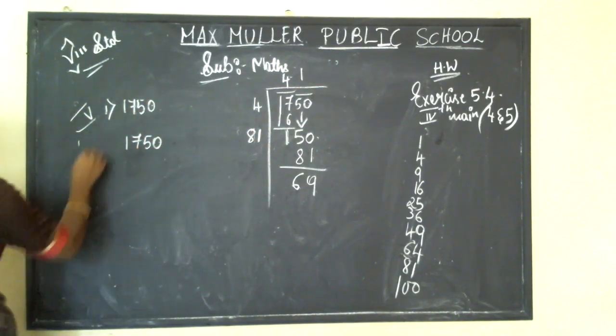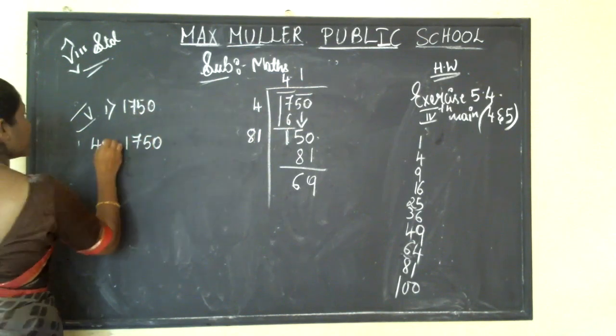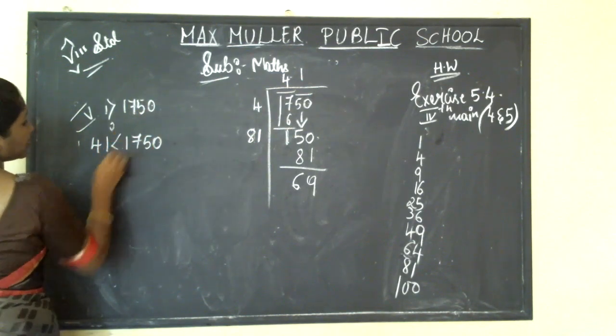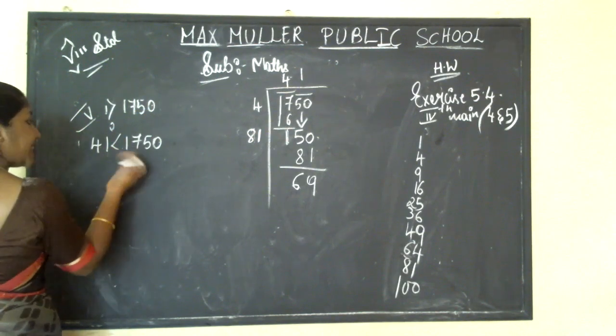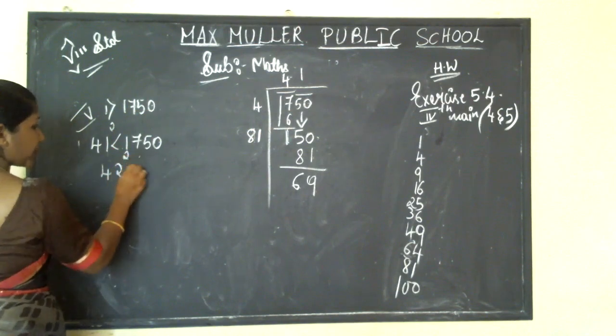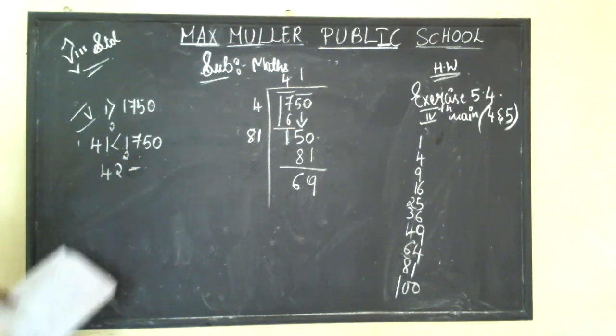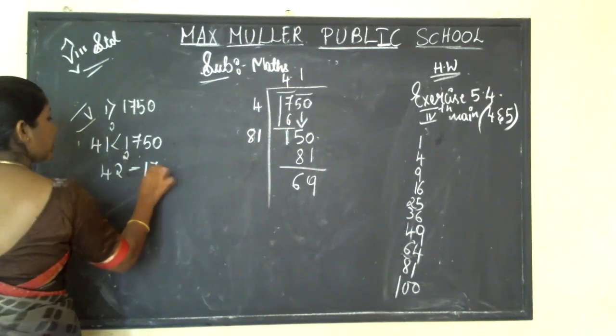Okay. Here 41, the next number, 41 square is, okay. So next step, 42 square is a perfect square number. So the 42 square number is 1764.